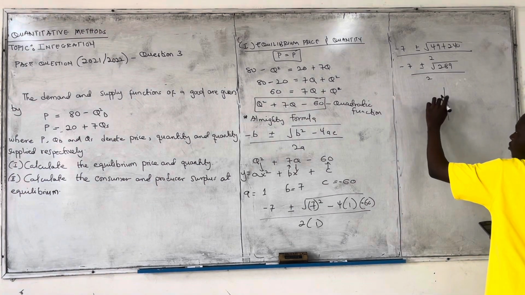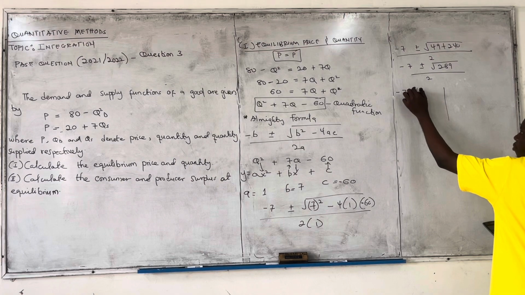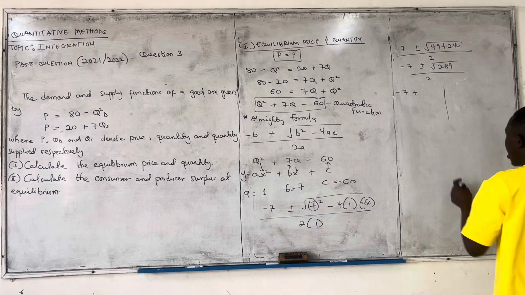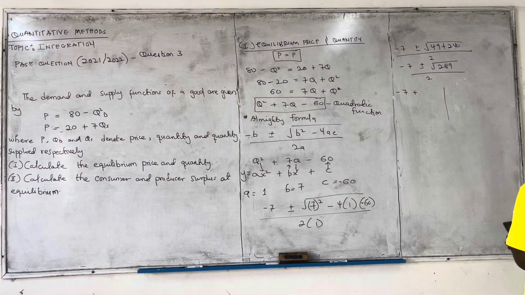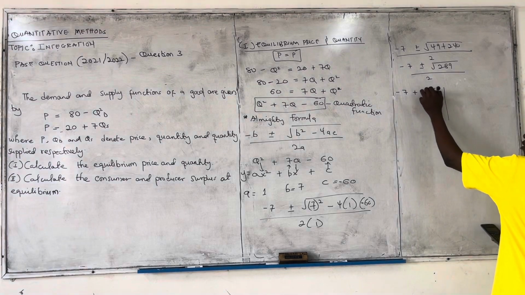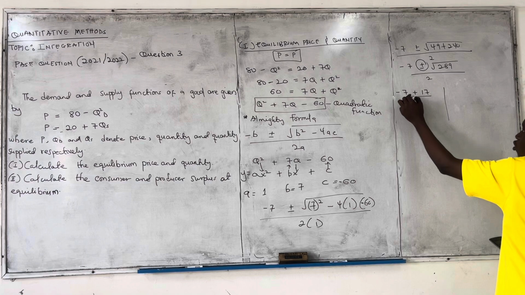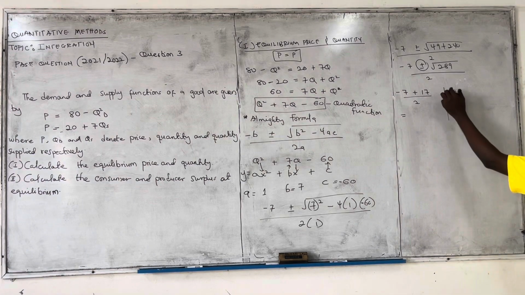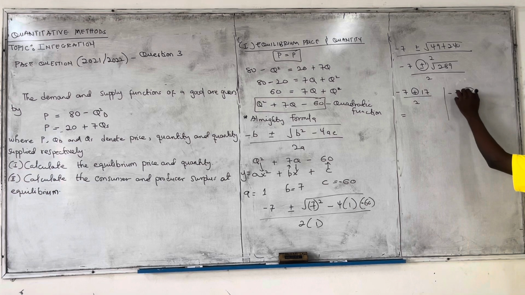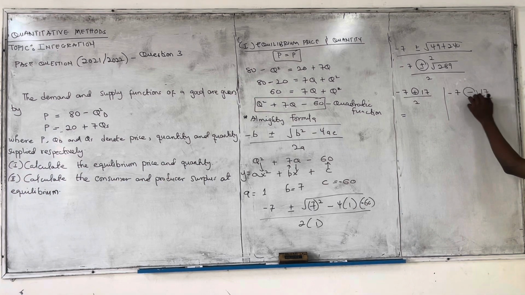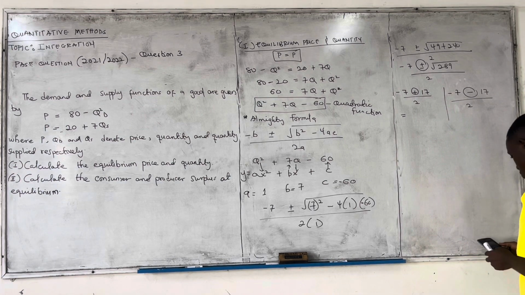We have minus 7 plus the square root of 289, which gives us 17, over 2. Because of the positive or negative here, we treat this twice. Now we use negative. You can see we are changing the signs here. This is also 17 over 2.